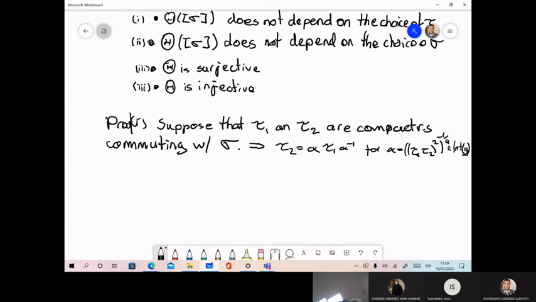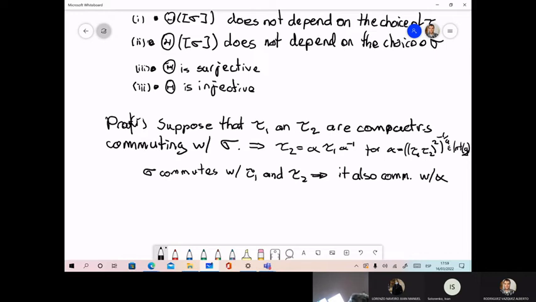So we have this, and also sigma commutes with tau1 and tau2, and by the remark that I've mentioned earlier, it also commutes with alpha.